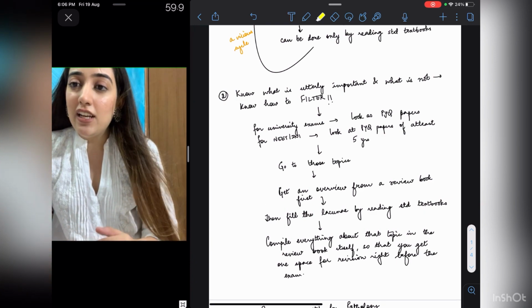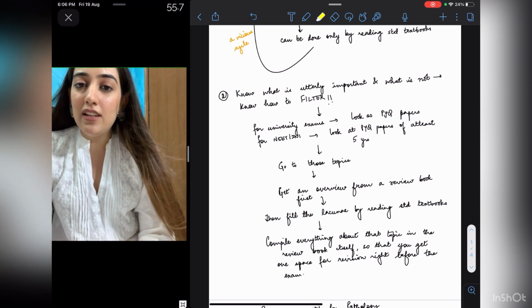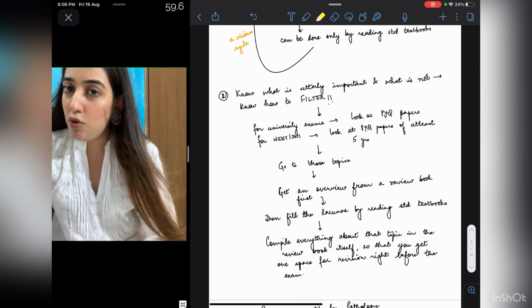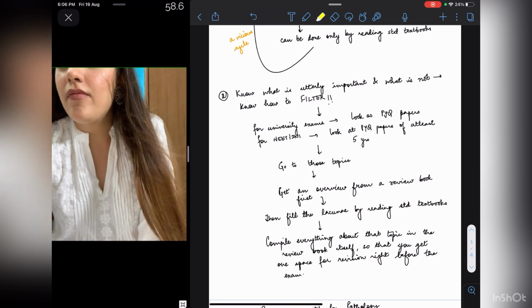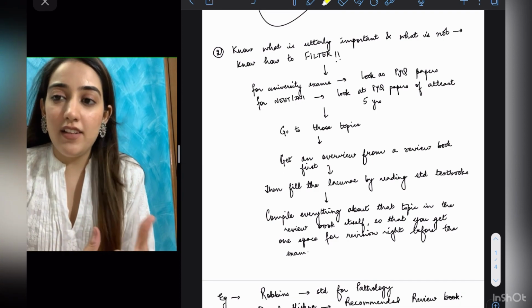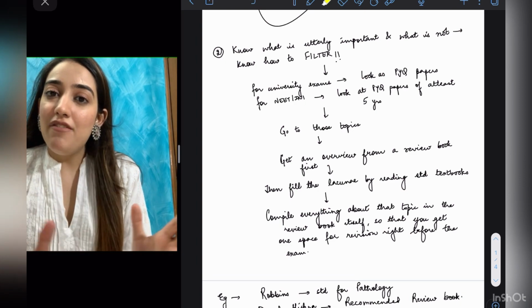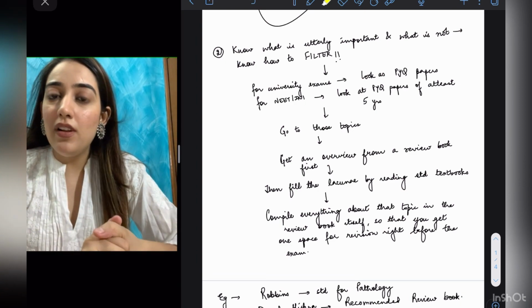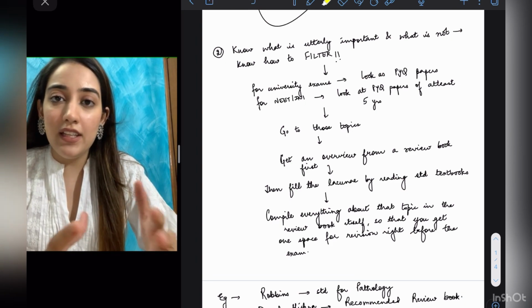Then after getting an overview of the topic from the review book, fill the lacunae that are left by reading the same topic from the standard textbook, in this case Robbins, and compile everything at one place. For example, I compiled all the information in Divesh Mishra itself.